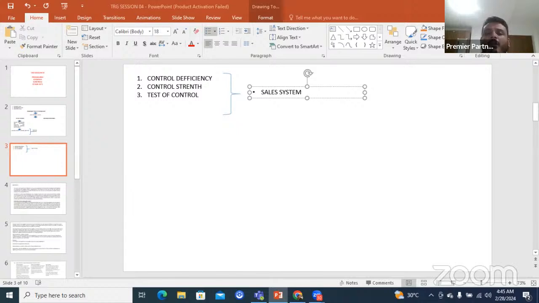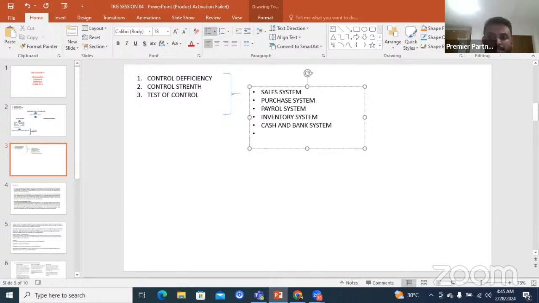Here, see, first one sales system. The second one is purchase system. The third one is payroll system. Fourth one is inventory system. Fifth one is cash and bank system.